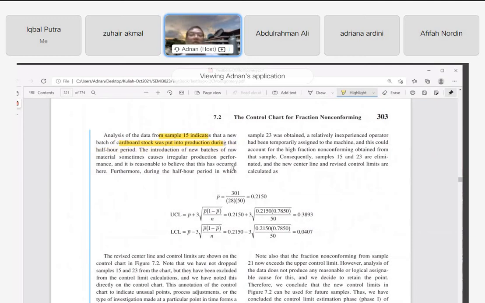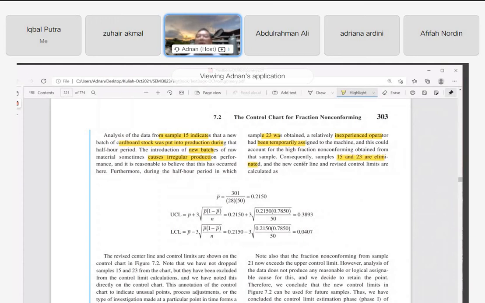The introduction of a new batch of raw material caused irregular production. During the half hour in which sample 23 was taken, an inexperienced operator had been temporarily assigned. So samples 15 and 23 are eliminated.